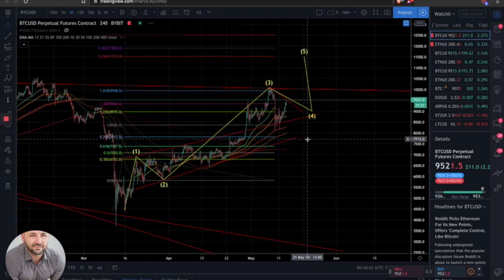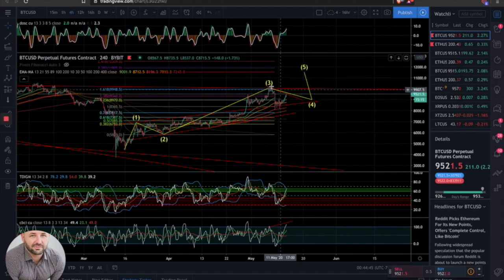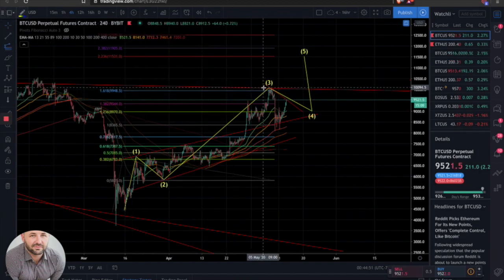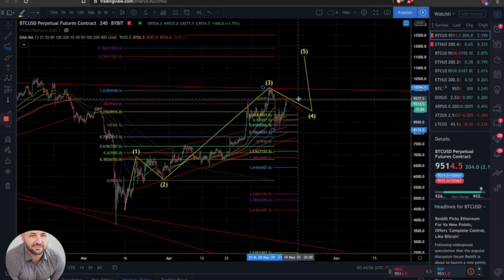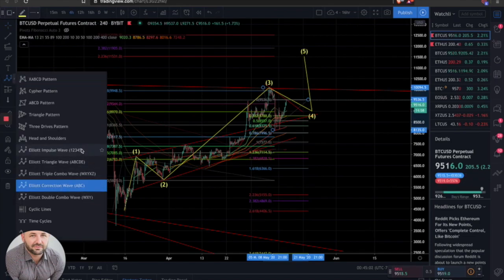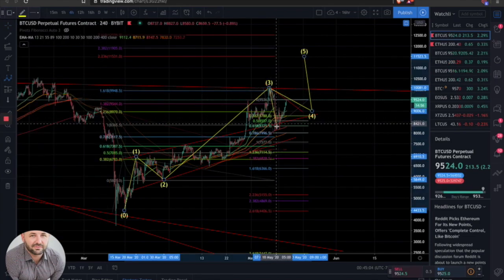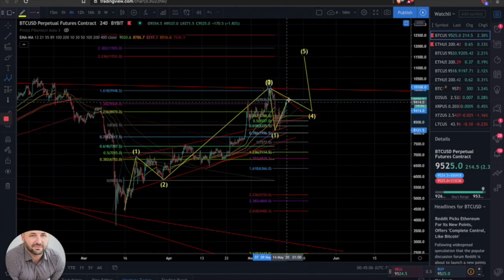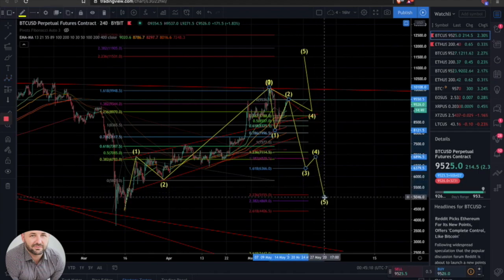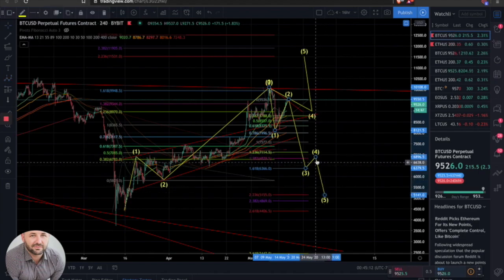Now, if we are going to be continuing the downside and playing off the divergence there, this would ultimately be a wave 1, coming for the 2. Back down for the 3, 4th, and the 5th.